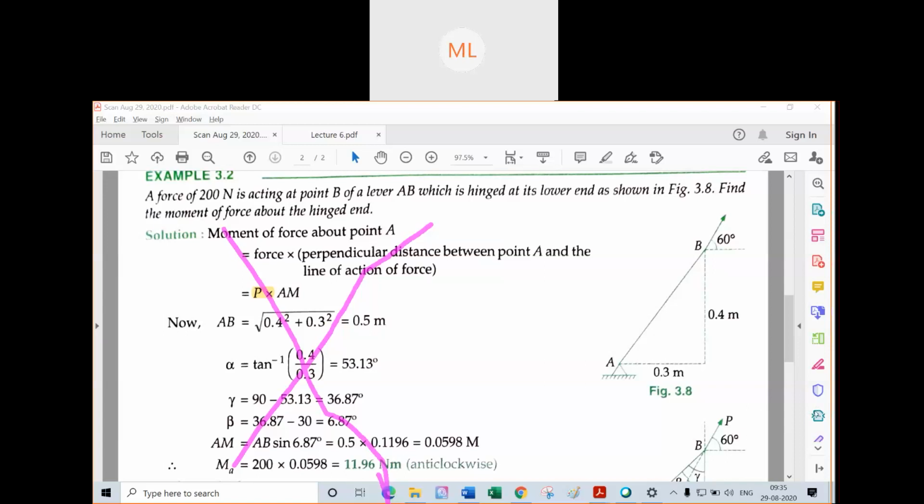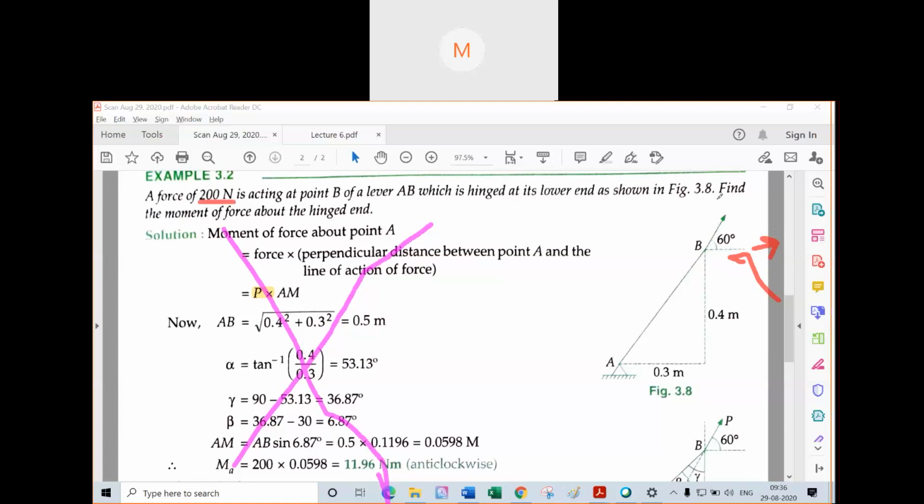Look at it, how will you do it? Now look, this is B. This B will have one side here, the X component. This one is how much? This one is 200, no?